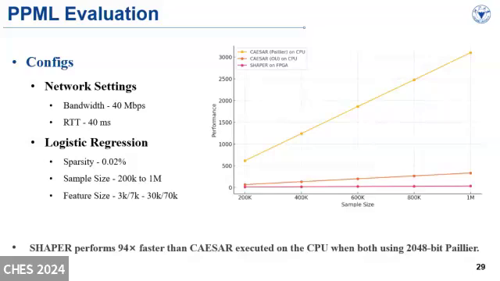The sample size varies from 200,000 to 1 million, and the matrix is sparse, with the sparsity equal to 0.02%. The results show that Shaper performs 94 times faster than Quasar executed on the CPU, when both using 2048-bit Paillier.